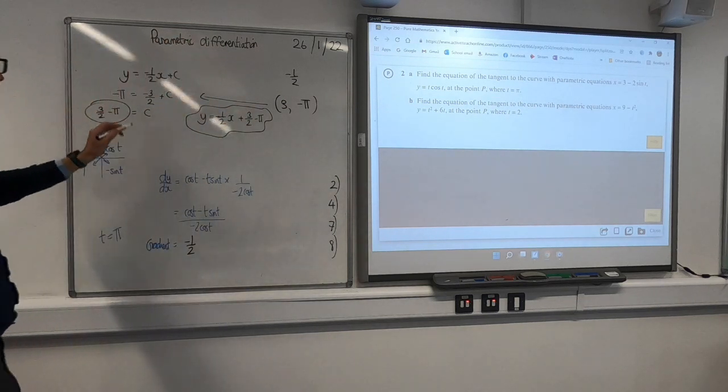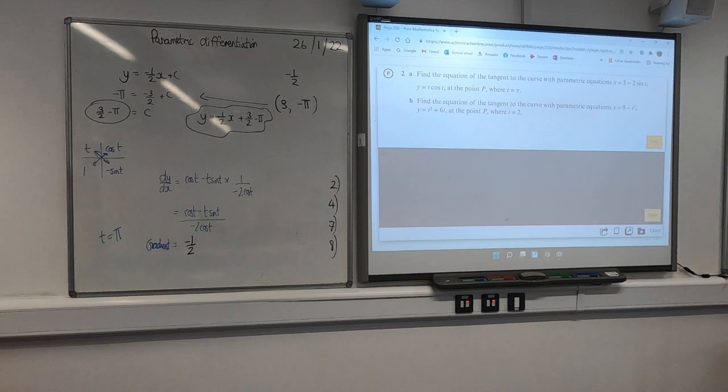So I get a pretty grim value of c, and if you wrote it as minus pi plus 3/2, same thing, same thing.